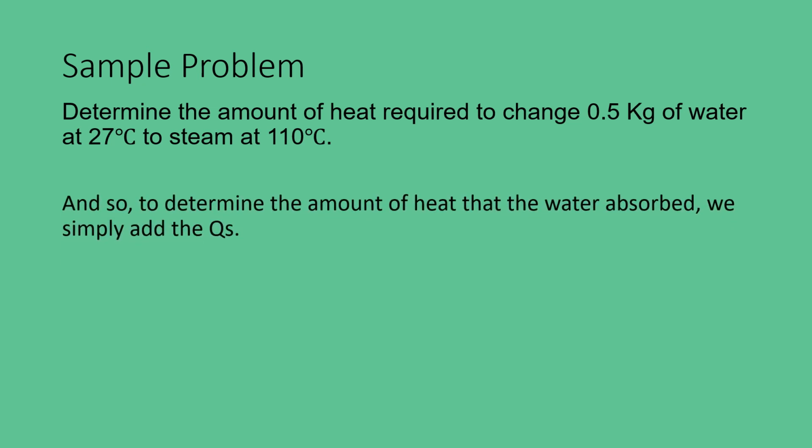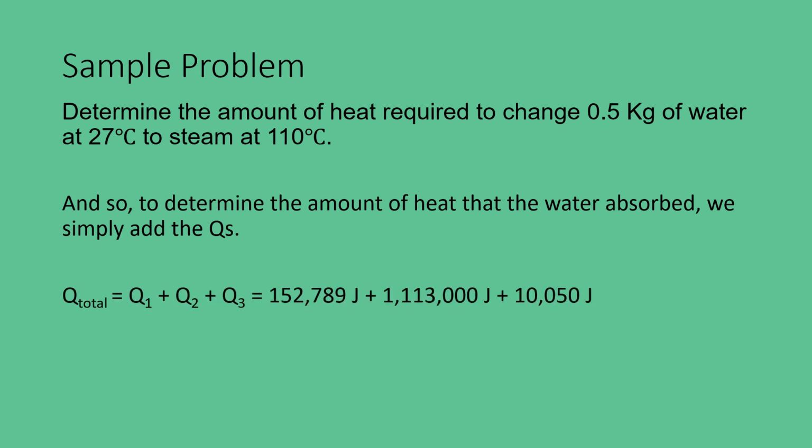And so, to determine the amount of heat that the water absorbed from 27 degrees to 110 degrees Celsius, we simply add the amount of heat that we got from each stage.